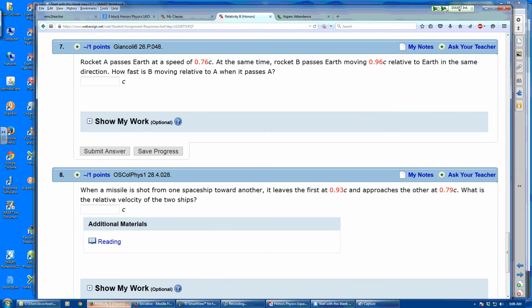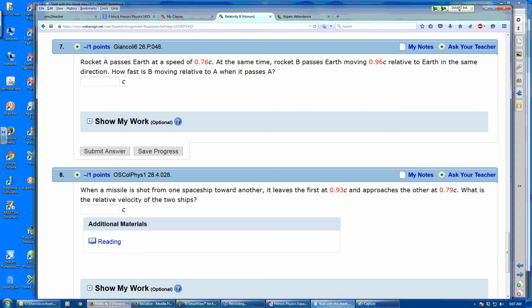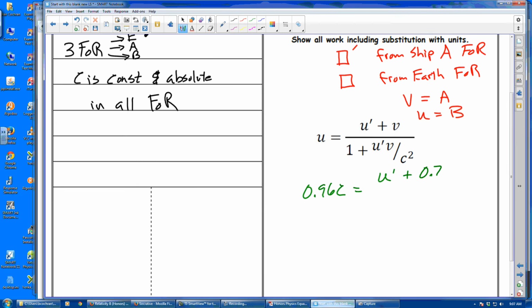So with respect to the Earth, ship B is 0.96 C. We have 0.96 C equals U prime, which would be the speed of B from A, which we don't know, plus B. B is the speed of A from the Earth, 0.76 C, over 1 plus U prime times 0.76 C over C squared.